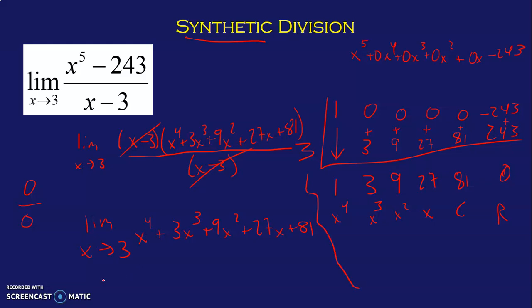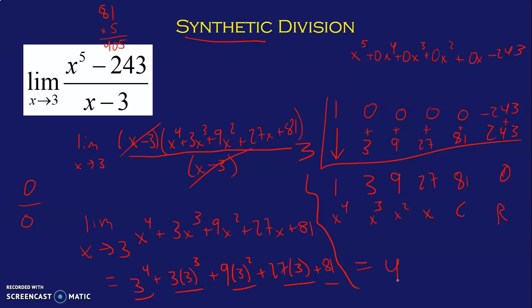Now I can plug in 3, so this would be equal to 3 to the 4th plus 3 times 3 cubed, which is 3 to the 4th again, plus 9 times 3 squared, which is 3 to the 4th again, plus 27 times 3, which is 3 to the 4th again, plus 81, which is 3 to the 4th again. So these are all 81. And if I do 81 times 5, I'm going to get 405.